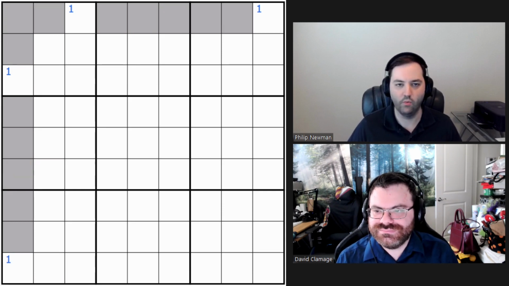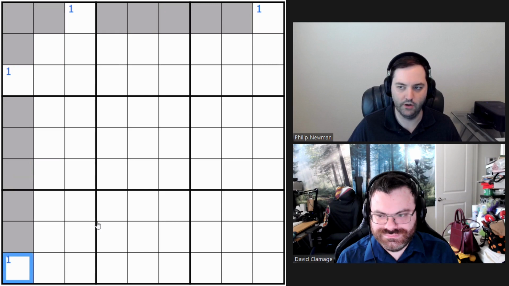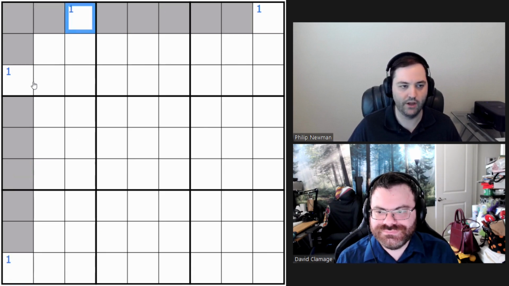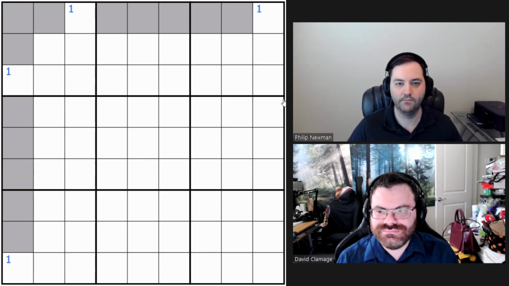And the way it works is either there's a 1 here, or if there's not a 1 here, there must be a 1 here, which means there's not a 1 there, which means there has to be a 1 there. So either there's a 1 here, or there's a 1 here, or both. They could both be 1s. We haven't said anything about this box, so we could have a 1 here, or something like that. So that's what a two-string kite is.